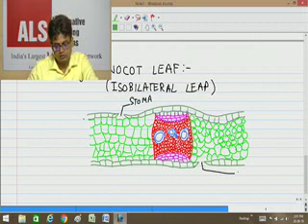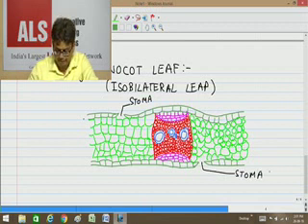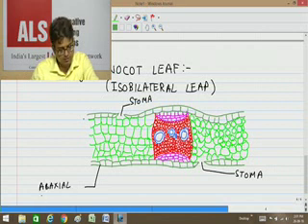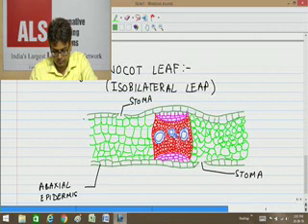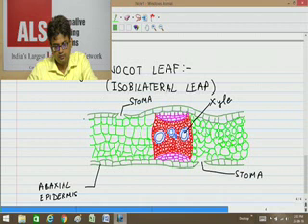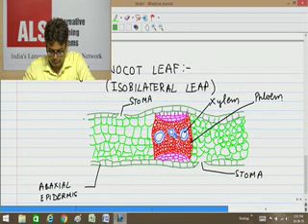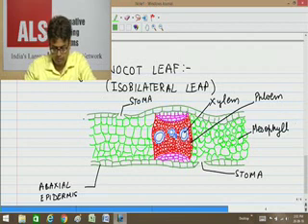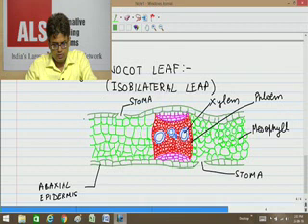Stoma. This is the abaxial epidermis, abaxial or lower epidermis. This is the xylem, this is the phloem, this is the mesophyll. Okay. So I guess this is pretty much enough.